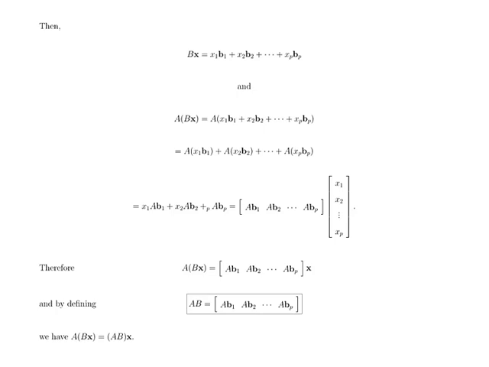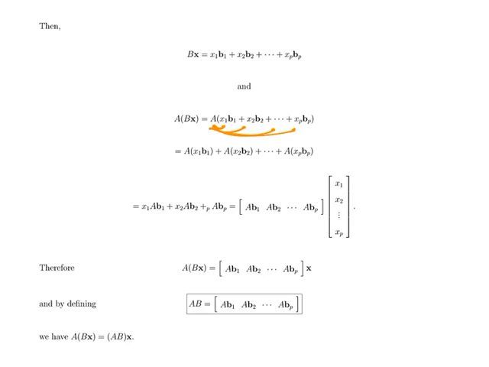And if I take that and multiply it by A on both sides, so I have A times Bx on the left and then A times that linear combination, from the results that we said before about the properties of real numbers attributing to matrices, I can distribute that A to each of these sums and get A times x1 b1 plus A times x2 b2 all the way to A times xp bp.